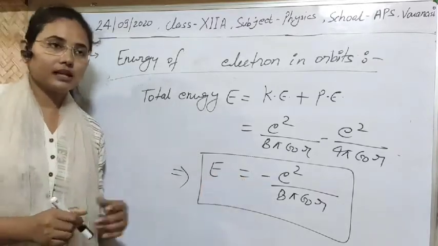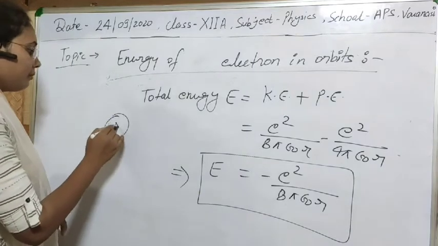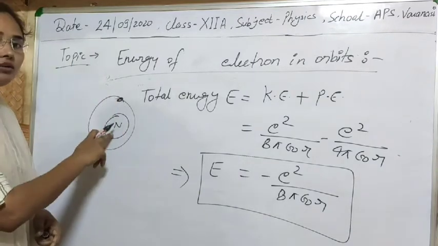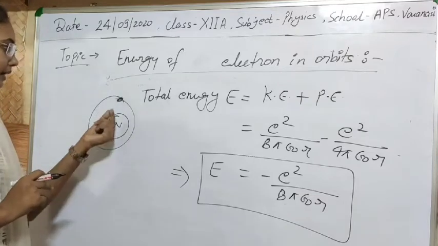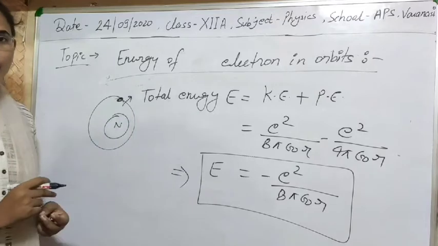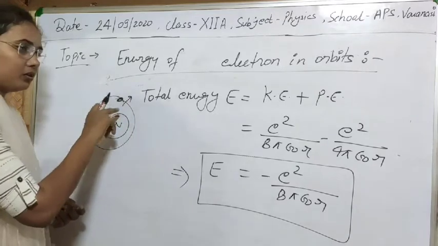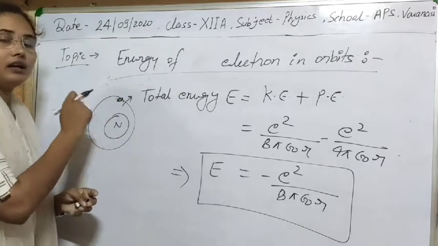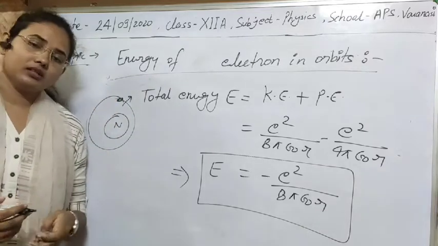It means electrons are bound to move in circular orbits around the nucleus and can't leave this orbit and escape, because the total energy is always negative. They will always feel an attractive force towards the nucleus.